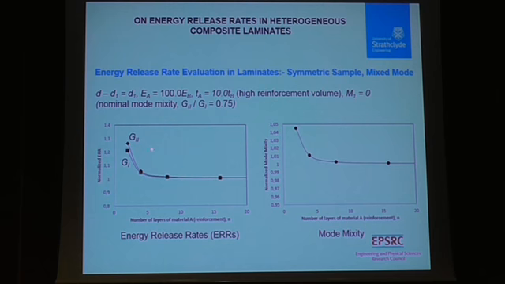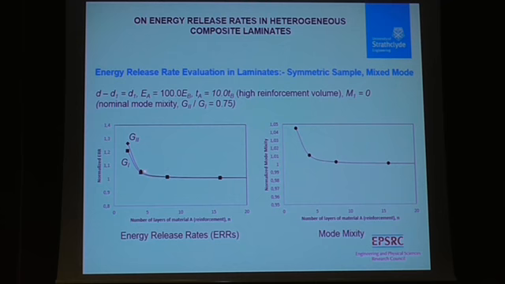On the left here, we've got two energy release rates, G1 and G2. And when I've got lots of plies, you can see that everything, sorry, I've also normalized these with respect to the homogeneous case. So when I've got lots of plies, everything's hunky-dory, and the solution goes off asymptotically to 1 there, so the heterogeneous case converges with the homogeneous case.